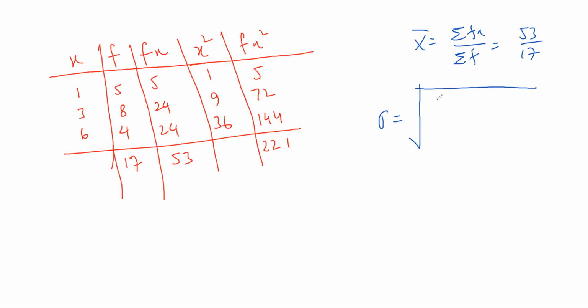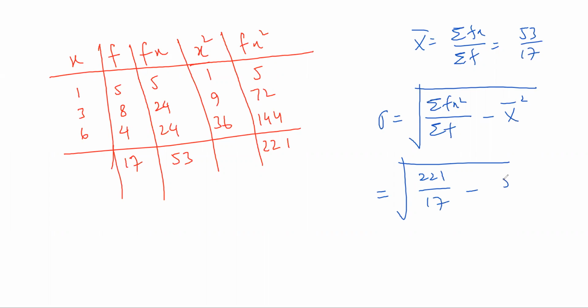So I'll be using this formula: sigma fx square over sigma f, minus the mean square. So this is going to be sigma fx square, 221 over 17, minus 53 over 17 square. So that is how you will be getting the standard deviation. Any questions, bachon?